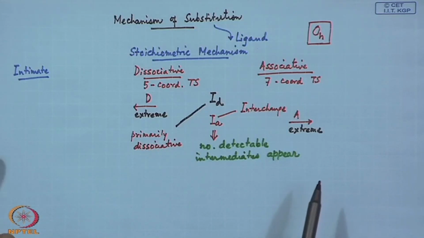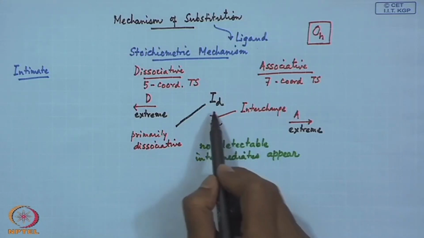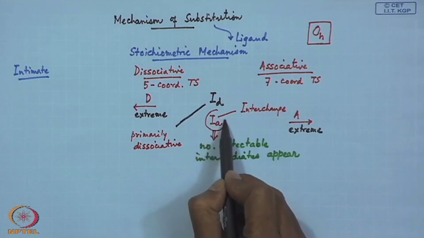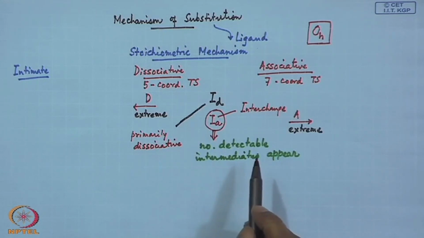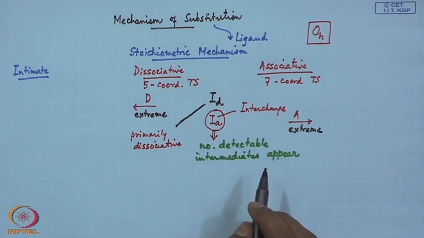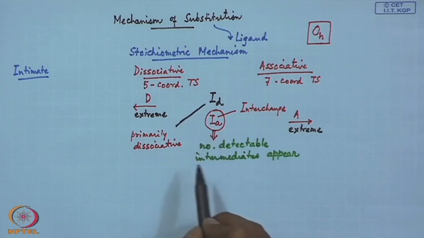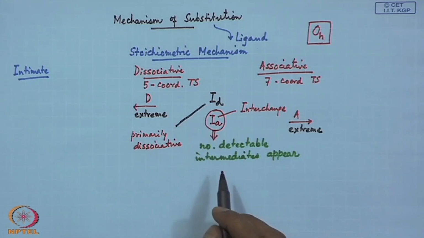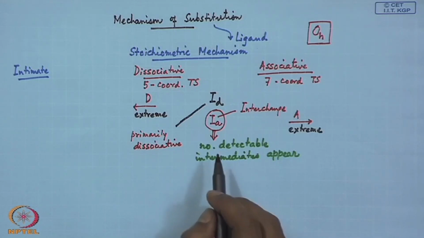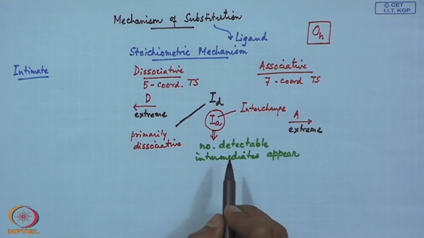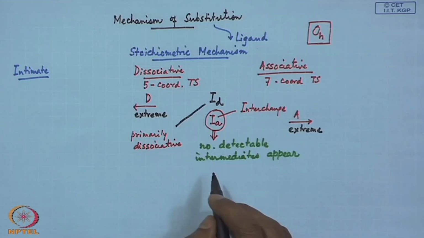In case of Ia, the incoming ligand begins forming a bond to the central atom, that means some weak interaction is taking place with that central atom before the departing ligand bond is weakened appreciably.